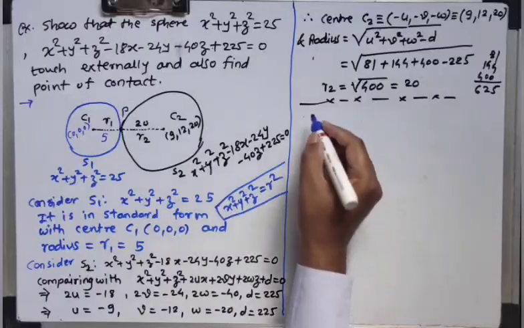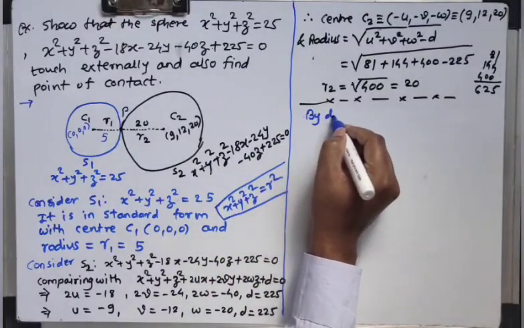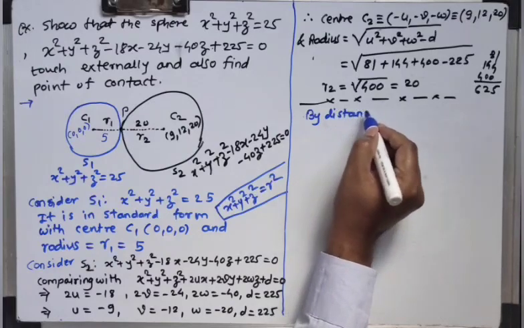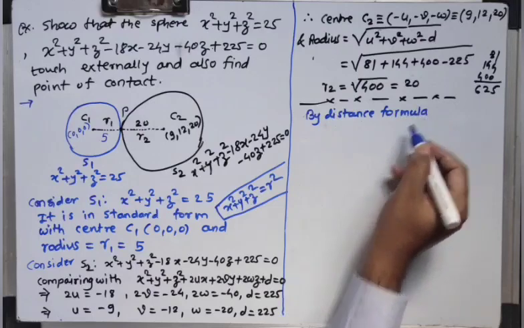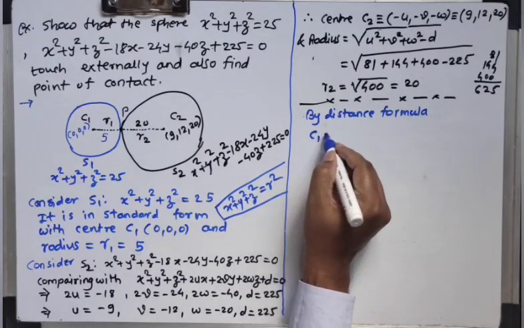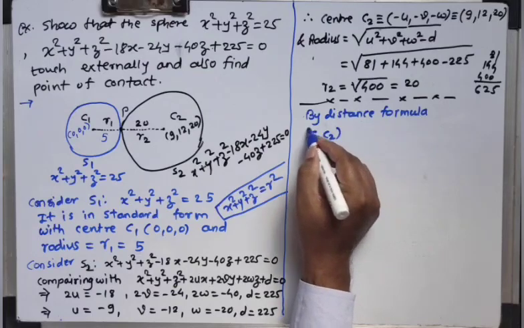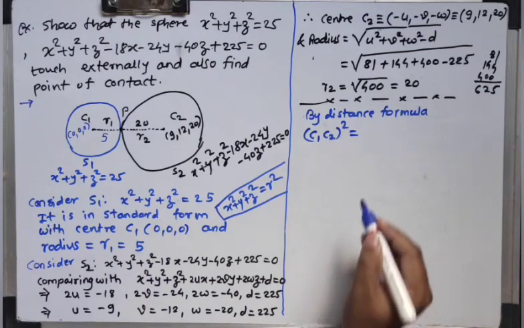Now next find out by distance formula the distance between two centers C1 and C2. So it is C1 C2 square, as we are considering square, it means no need to consider root in the distance formula.